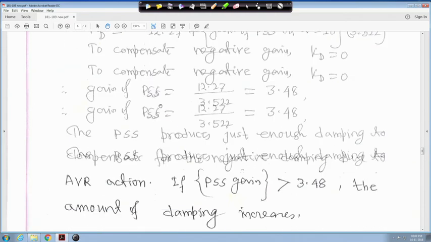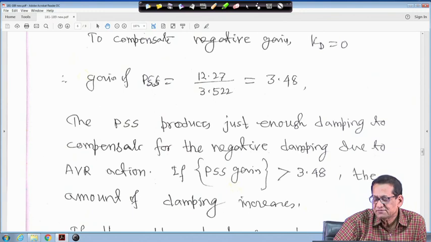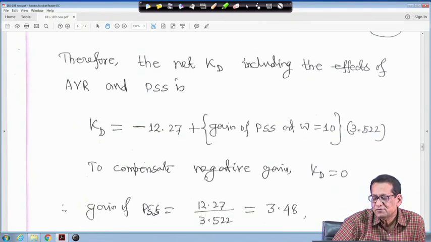The PSS produces just enough damping to compensate for the negative damping due to AVR action. That means, if the PSS gain is greater than 3.48, the amount of damping increases, the effective Kd will be positive.